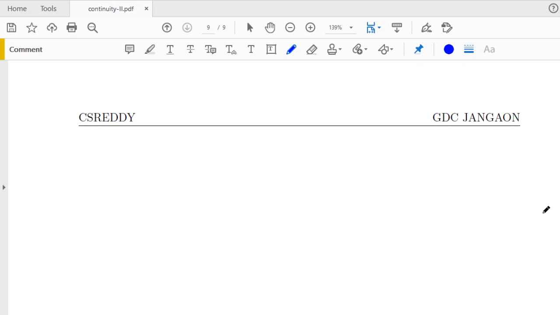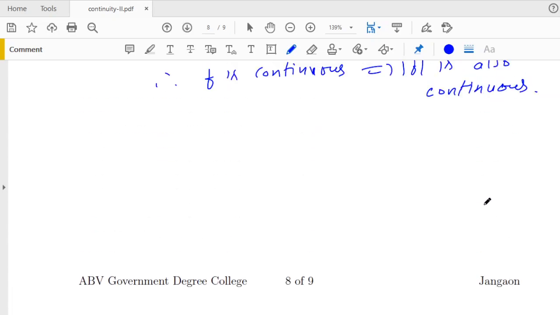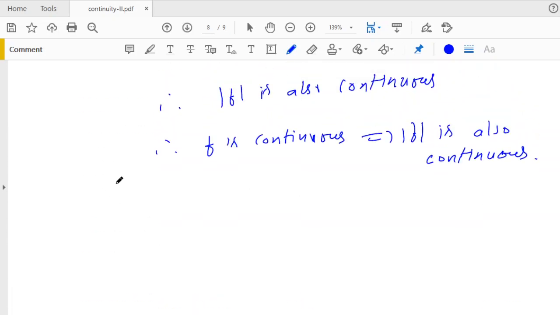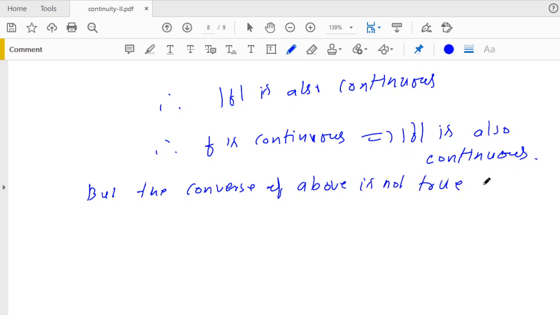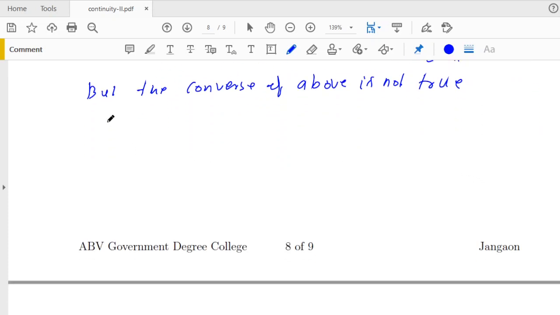But the converse of the above theorem is not true. That means if mod f is continuous, it implies that f need not be continuous.